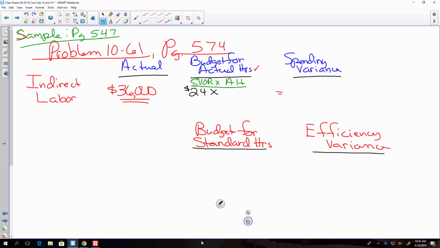And then what were our actual hours? 1,490. Yep. And that will equal then how much in dollars? 35,760. So that is roughly a $240 difference. That difference is our variance.